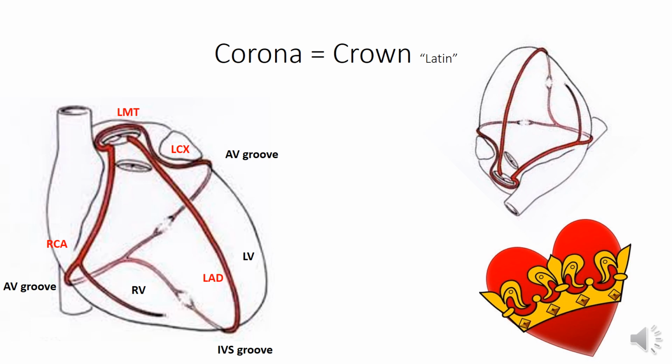This forms actually two rings: a vertical ring, composed of the left anterior descending artery meeting the posterior descending branch of the right coronary artery, and a horizontal ring formed by the left circumflex artery meeting the posterolateral branch of the right coronary artery.